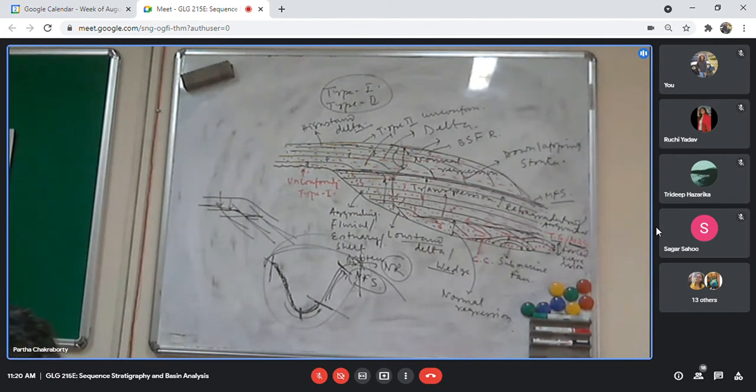So when I talk about an equilibrium profile, that is not connotative to any particular environment. You understand? When we call it an equilibrium profile, in case of a fluvial system, I will come to the marine system later. In case of a fluvial system, an equilibrium profile is that profile where the fluvial system can carry sediment without any net erosion or net deposition.